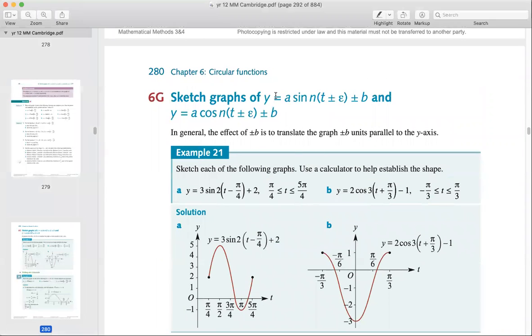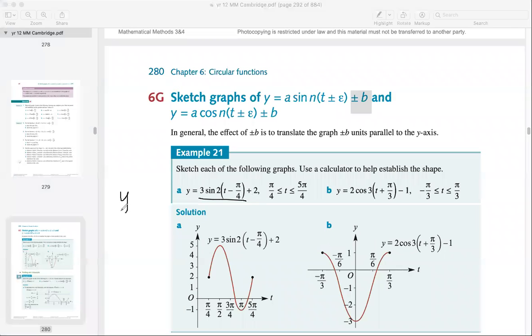So they ask us to sketch the graph of this one, also with moving up and down, so adding or subtracting B, up or down. Again, for this type of problem, my suggestion is we do it slowly, step by step. For this one, first we draw sine t.